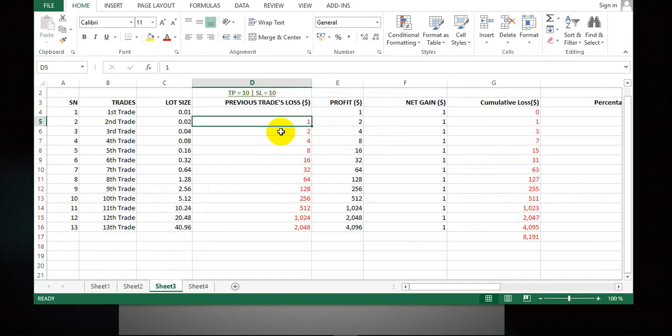What you'll have in that situation is that here you will have doubled your lot size again, and you're trading 4 micro lots. 4 micro lots represent 40 cents in potential profit or loss, times 10 pips gives you $4. But the previous losses are $2 and $1, so that's $3. So your net gain is $1.